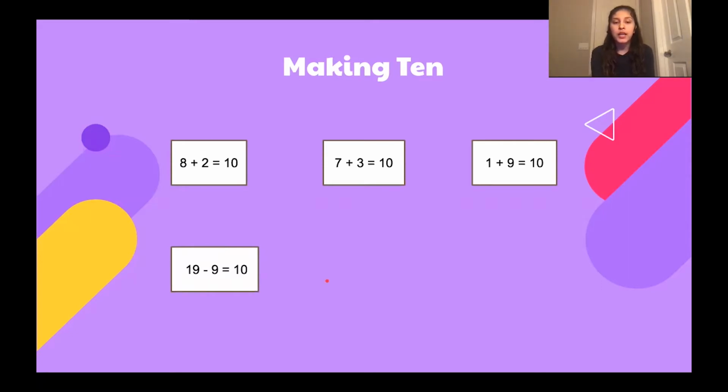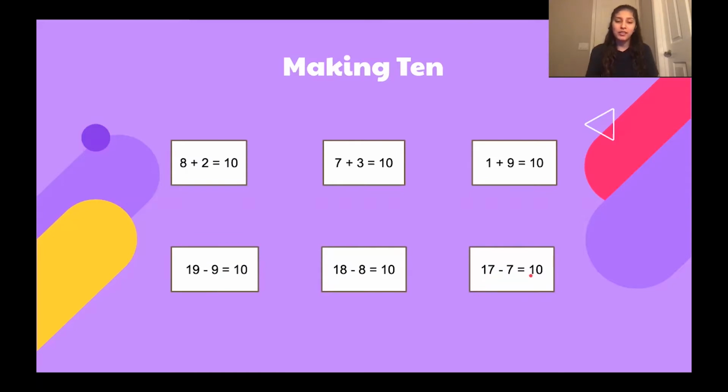So it's 18 minus 8 equals 10. And the last subtraction was blank minus 7 equals 10. So 17 minus 7 equals 10. If you got them all right, good job. If you have a few wrong, it's okay. We just need a little practice, okay?